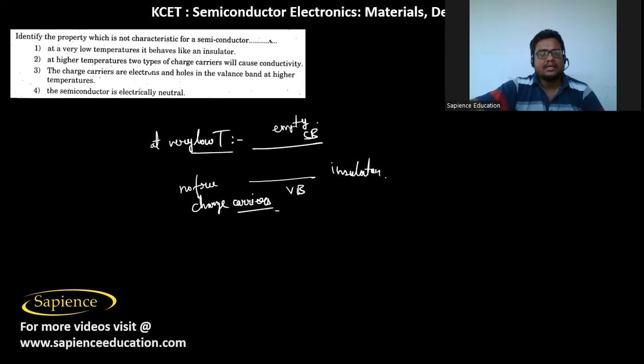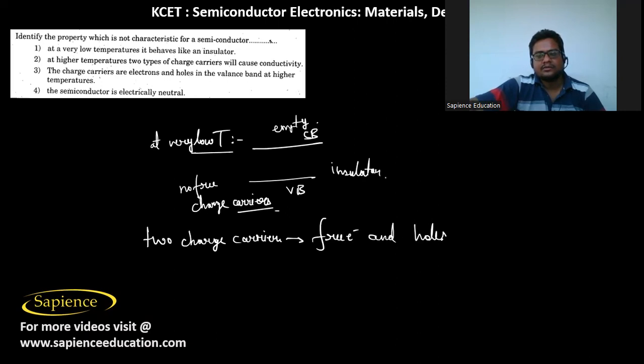And at high temperatures, we will have two types of charge carriers: free electrons and holes. The option says the charge carriers are electrons and holes in the valence band at high temperatures.